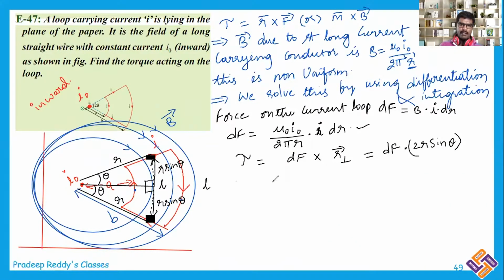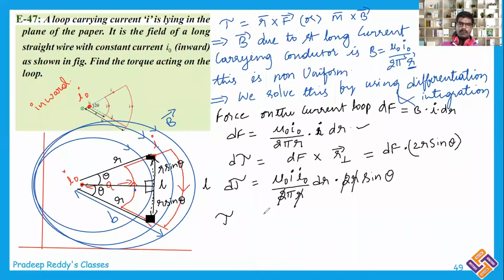Now you can calculate the torque. Already we have got dF here, mu naught I naught divided by 2 pi R, into I dr, into 2R sine theta. This is of course d tau. This R and this R get cancelled, 2 and 2 get cancelled.